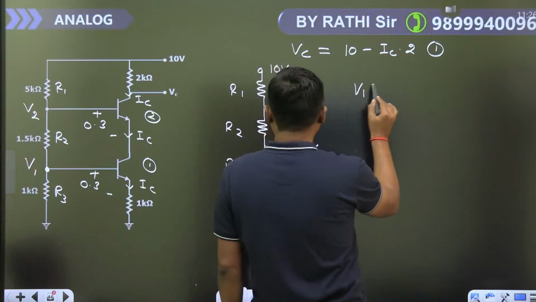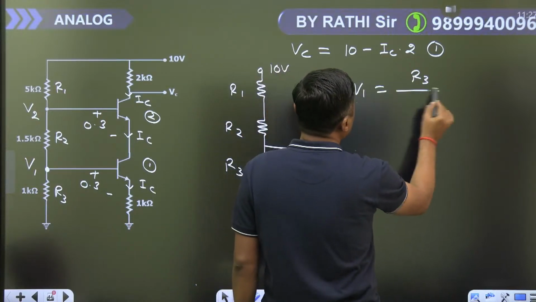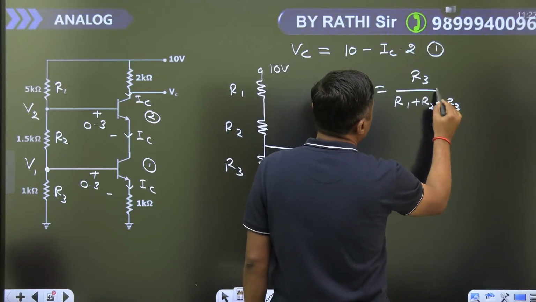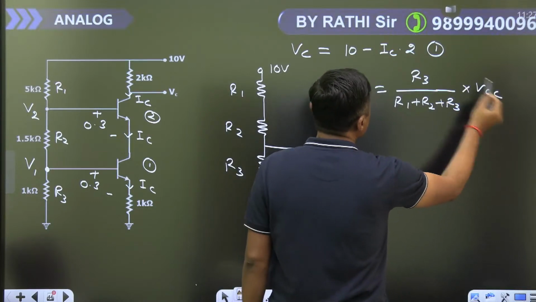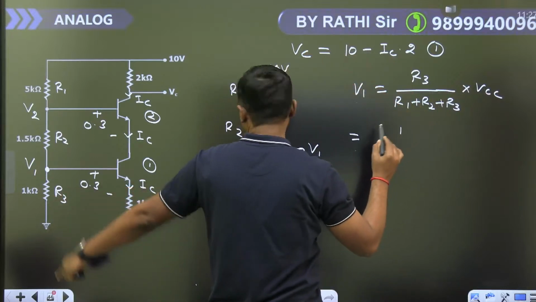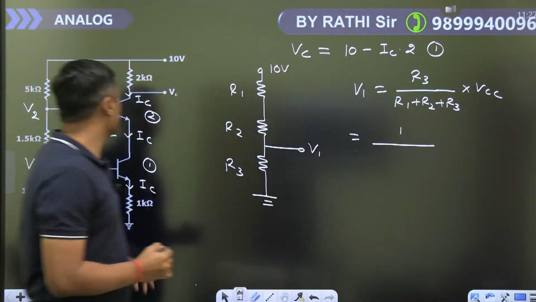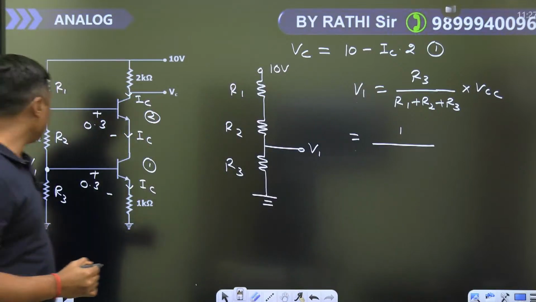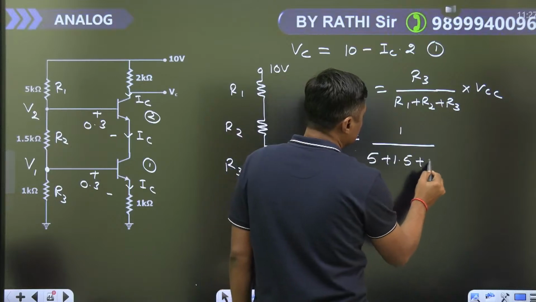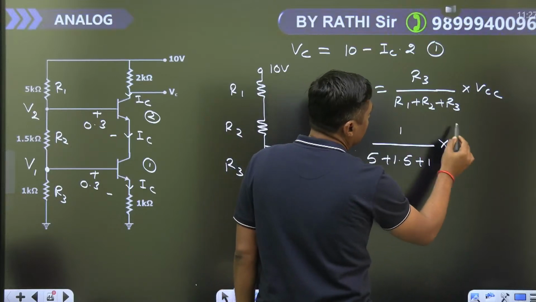V1 is equal to R3 upon R1 plus R2 plus R3 into VCC. VCC means this is the 10 volt. R3 1 kilo ohm upon 5 plus 1.5 plus 1 into 10 volt.